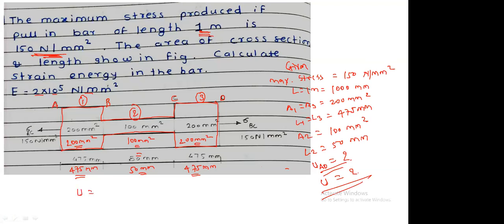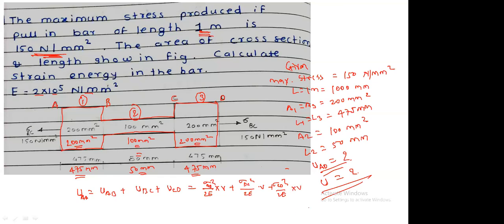Capital U, or U of AD, is equal to U of AB plus U of BC plus U of CD, is equal to sigma AB square upon 2E into volume, plus sigma BC square upon 2E into volume, plus sigma CD square upon 2E into volume. So this will be our formula.